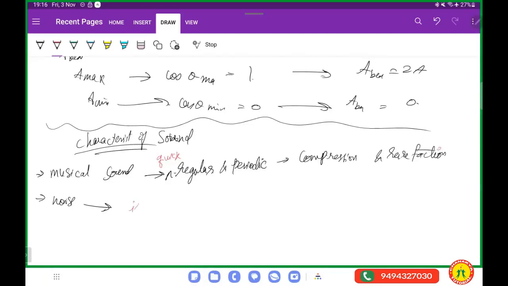Noise is irregular and non-periodic compression and rarefaction.